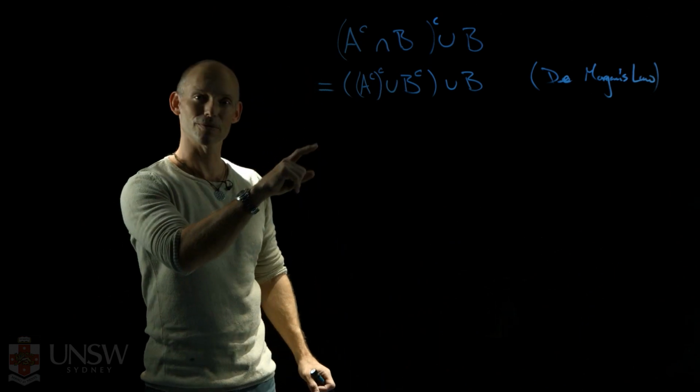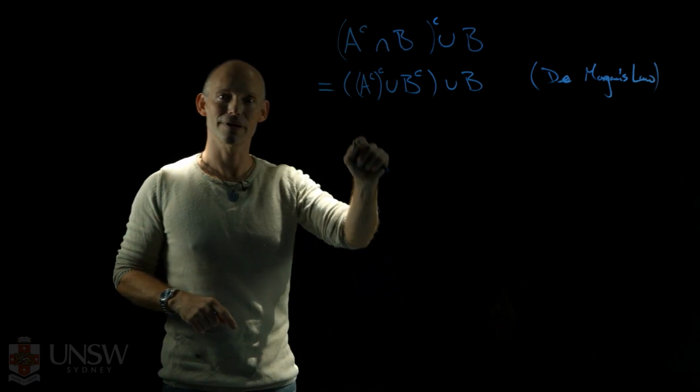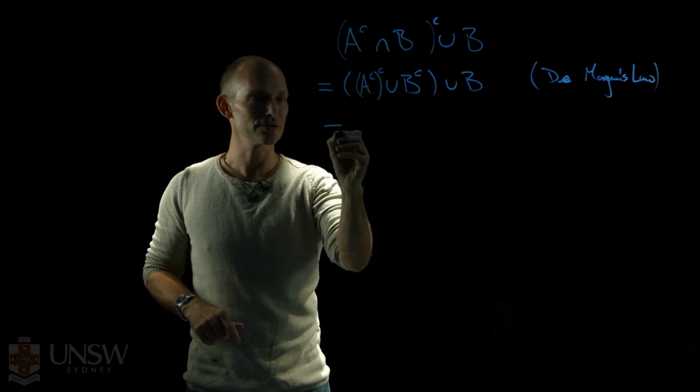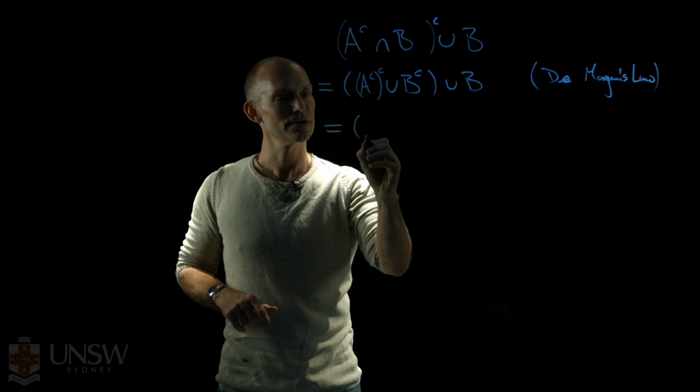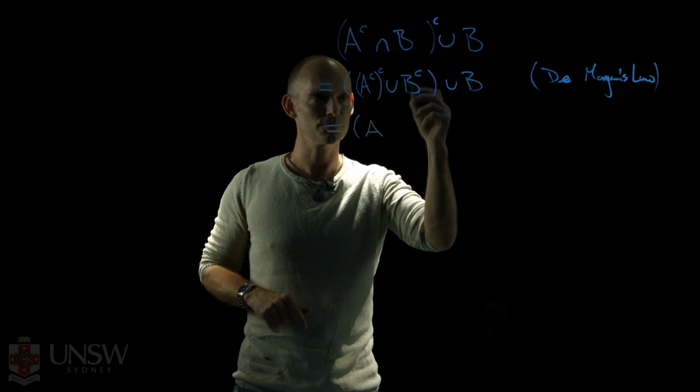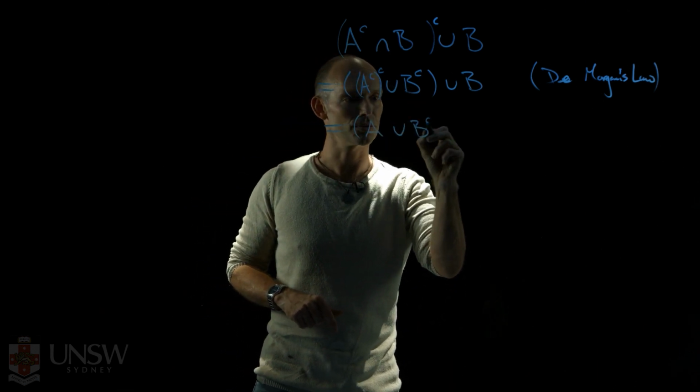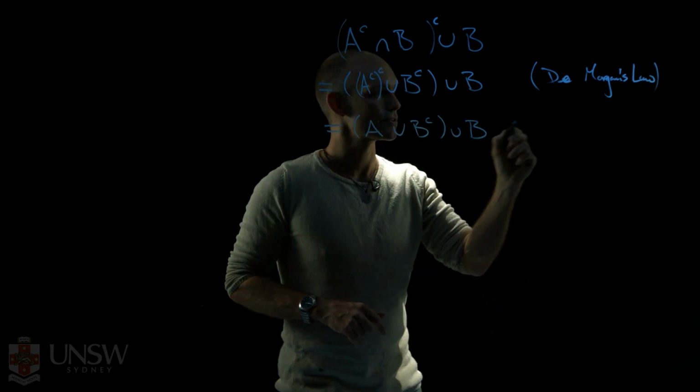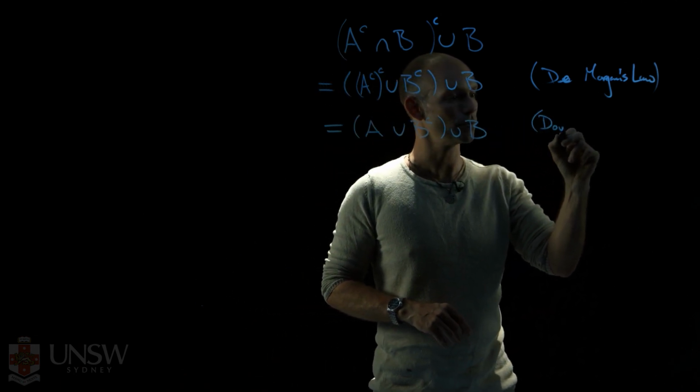So the next thing that we see here is that we have a double complement. So let's hurry and use that double complement law. So we get A instead of A complement complement, and then B complement. So this is the double complement law.